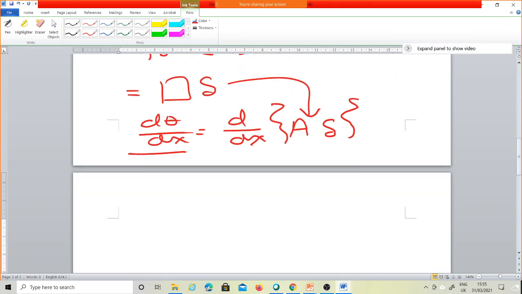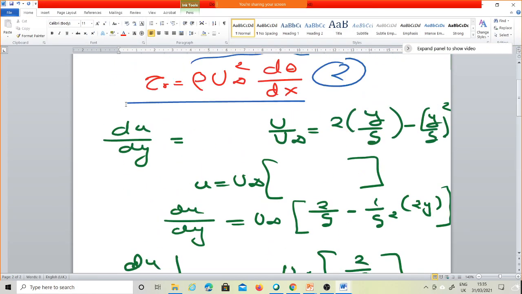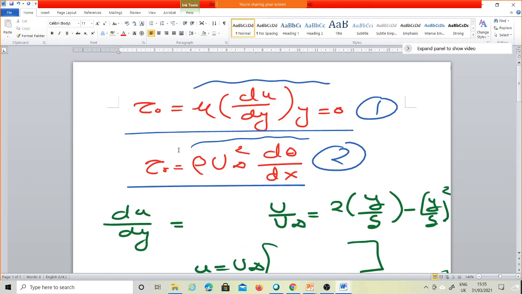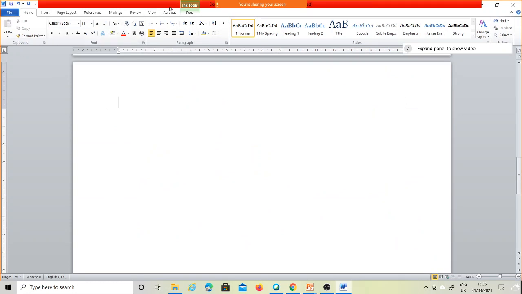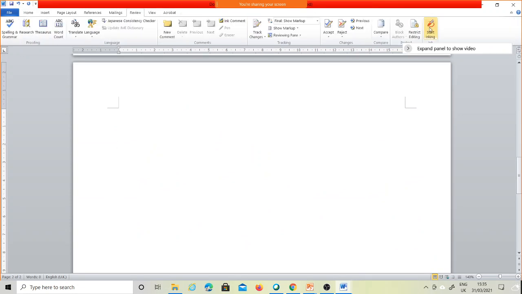If you substitute this value, what you will get, because you have these two equations, the Laplace form and then the von Karman integral form, so both are representing wall shear stress. In this case you just substitute the value and then equate the right hand sides of these two equations.